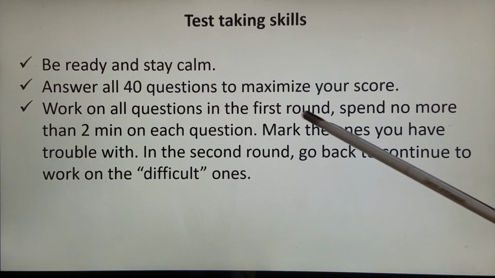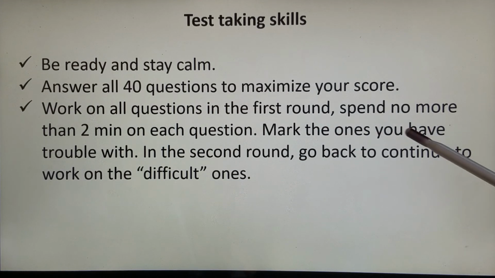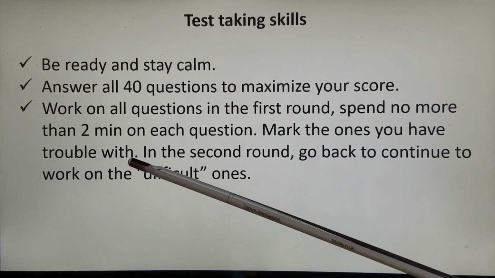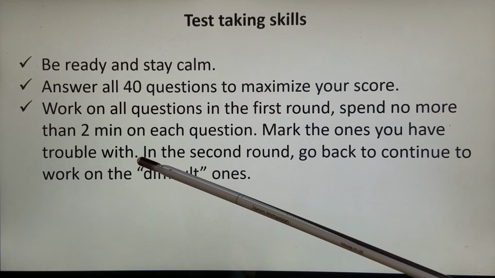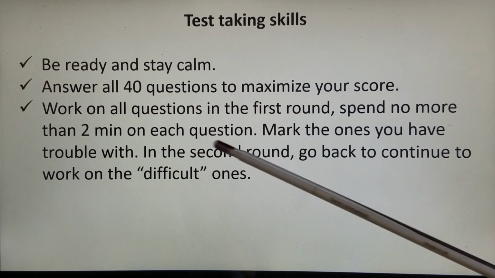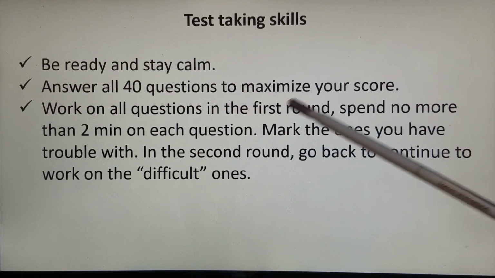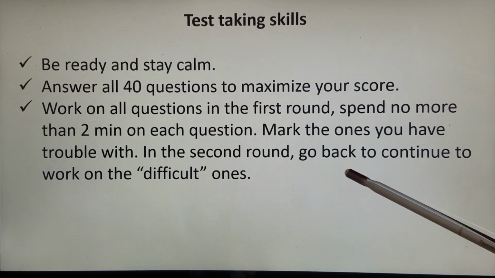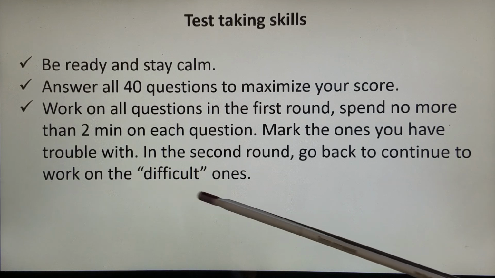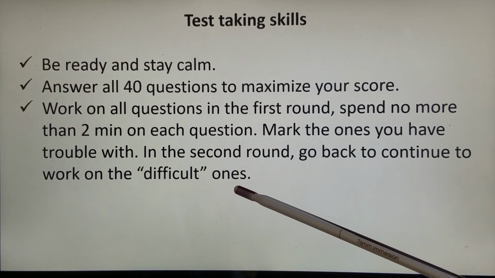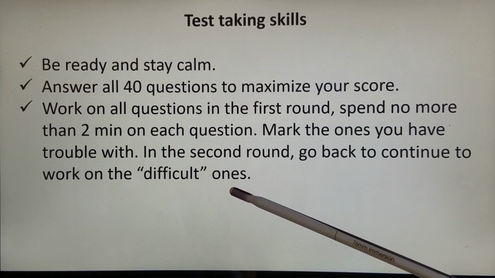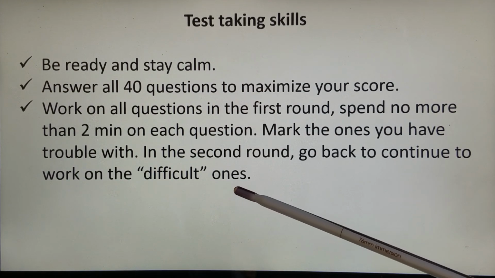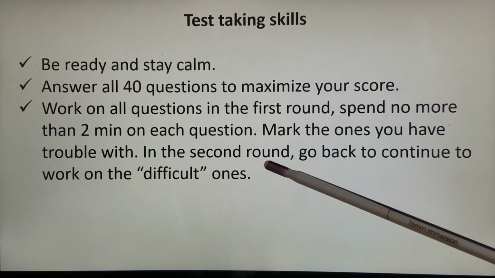During the first round, mark the ones you did not complete or have trouble with. Then if you still have 20 minutes, 30 minutes left, for example, you can start the second round, go back, and work on the ones you did not finish in the first round.